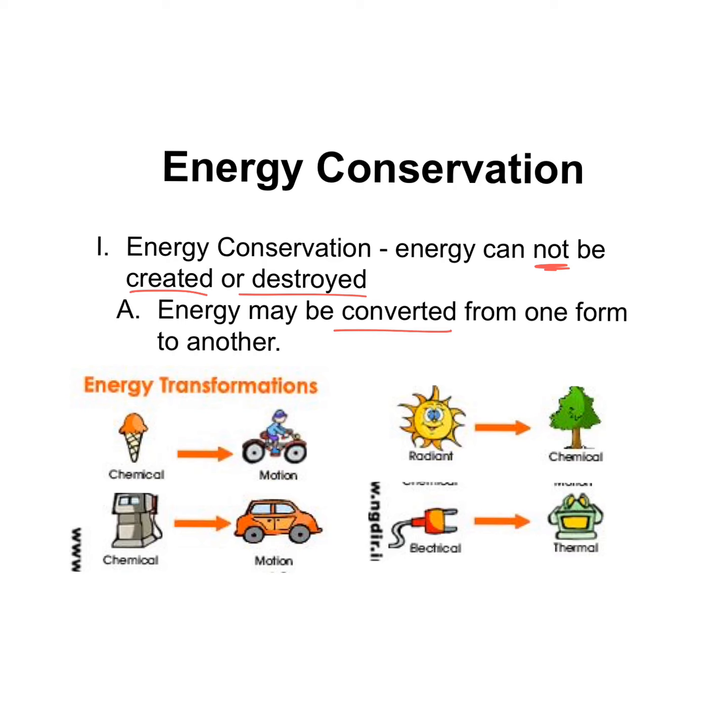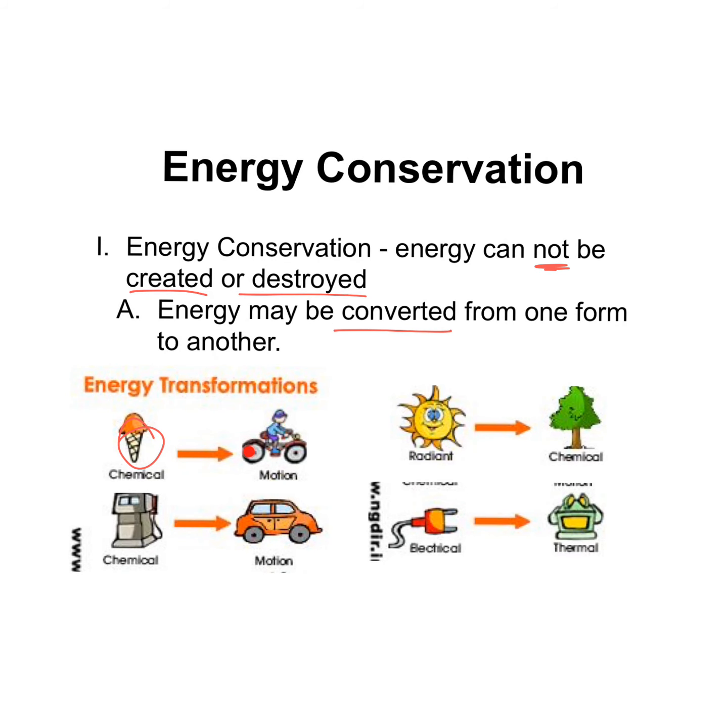So think about these energy transformations, right? When we eat food, the food that we eat is converted into energy for us to use to create motion, for us to move. When we move, we have kinetic energy, and we are able to have that kinetic energy because of the food that we ate. When we fill up our car with gas, we take chemical potential energy and convert it into the motion of the car, which is kinetic energy.